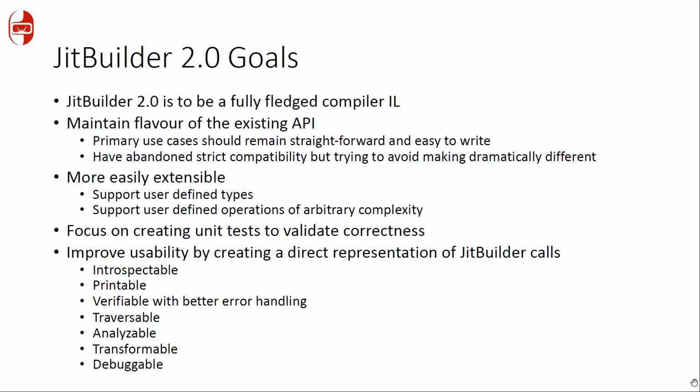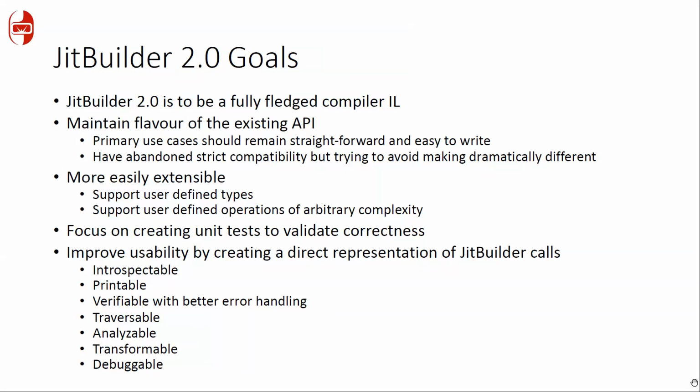So I'm trying to do more of that work as I go now, so that there is a body of regression tests, which in some senses are code samples as well, but just validating the correctness of the things that I'm building.